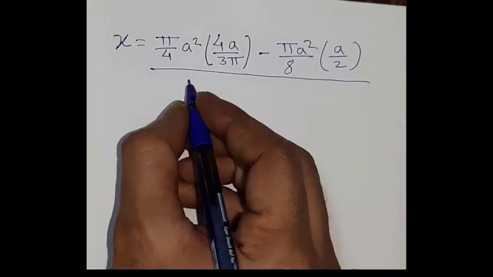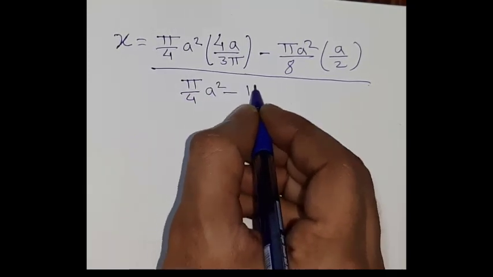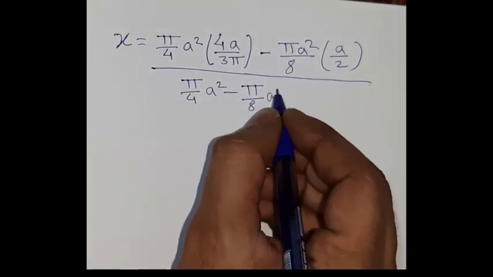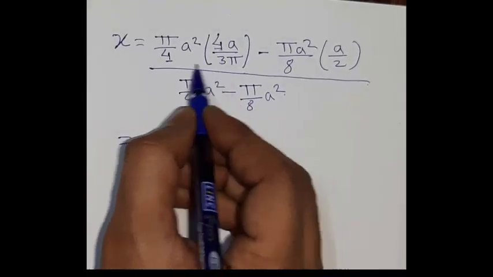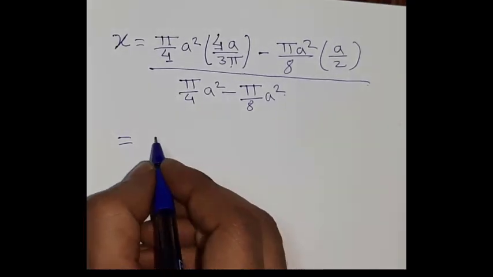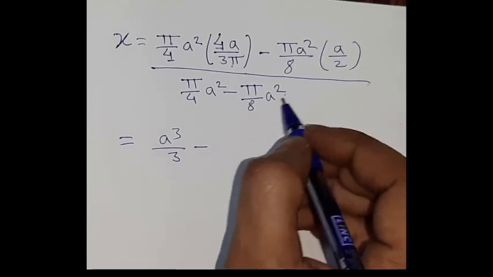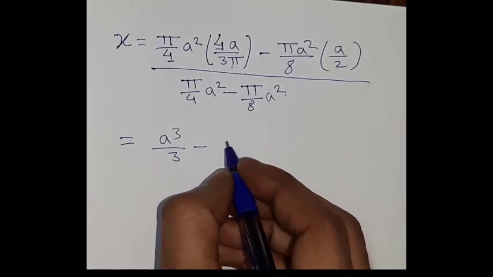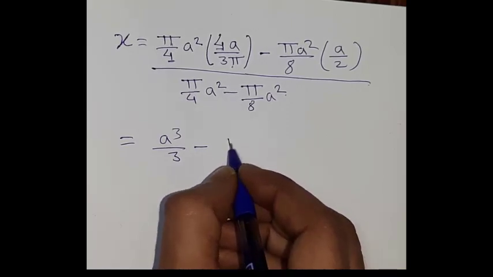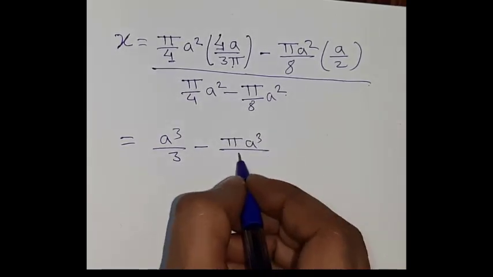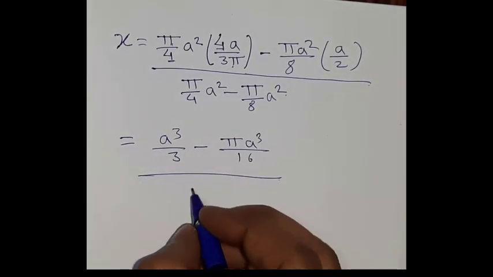The whole is divided by a1 minus a2, that is pi by 4 times a square minus pi by 8 times a square. Solving this, 4 will cancel, pi will cancel, so we get a cube divided by 3 minus pi a cube by 16.